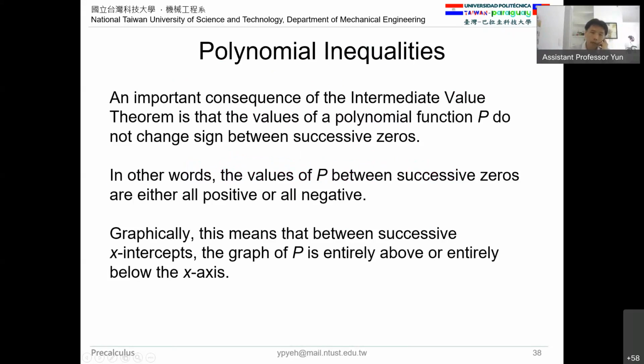Since we know p of x equals a_n x^n plus a_(n-1) x^(n-1) plus ... plus a_1 x plus a_0, and it could also be factored as (x - a_1)(x - a_2) etc. Usually previously we know the polynomial function could be set equal to zero, and then we find the solutions of this function.